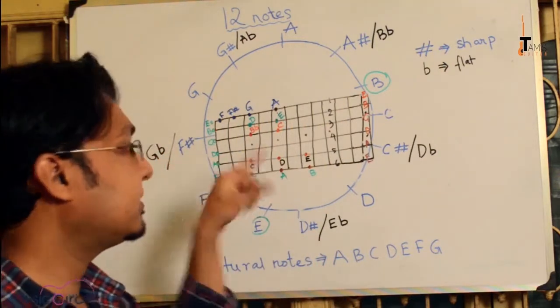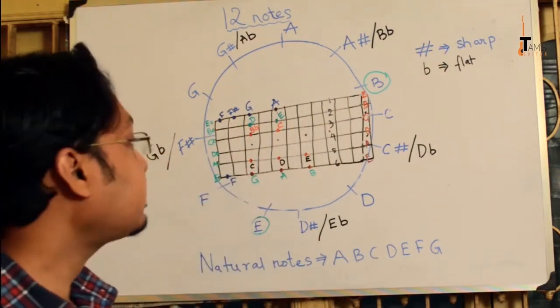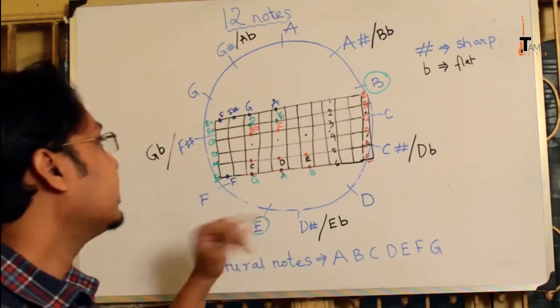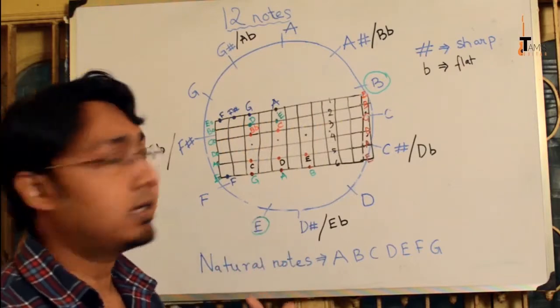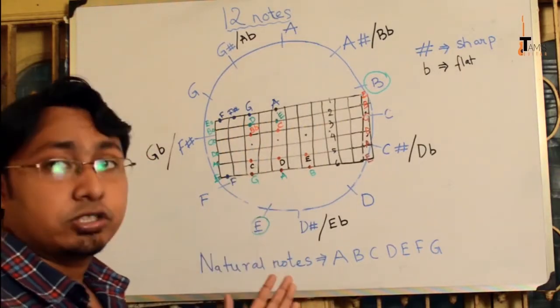But anyway, this system is for the beginners, so I hope that it's understood. So this is how you can find out the notes on the guitar, and these are the notes that are present.